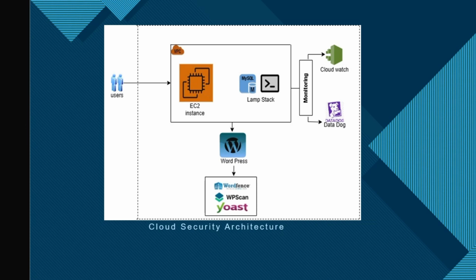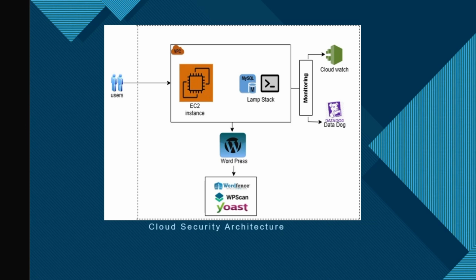AWS also has other advantages like security and compliance, reliability and high availability. And it is also very innovative, with rapid deployments and more. Now I'm going to explain the cloud architecture diagram. As you can see on the screen, we have used the AWS cloud as our platform.